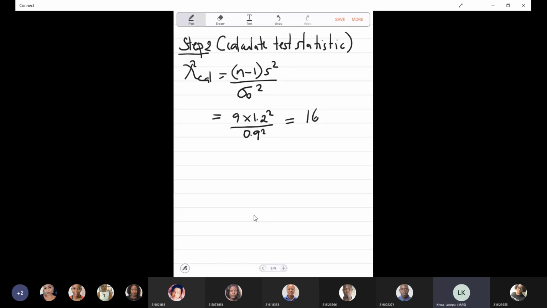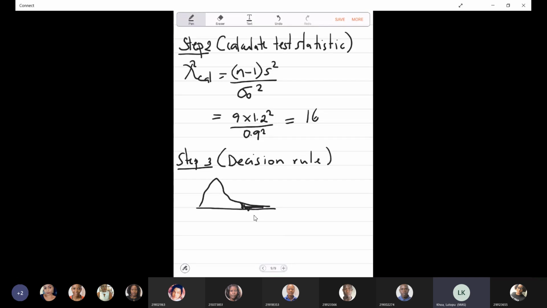Then step number 3, we need a decision rule. This is our decision rule. We say that this is an upper-tailed test, so our critical value is somewhere over there.